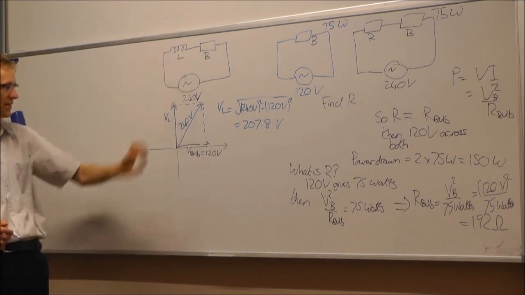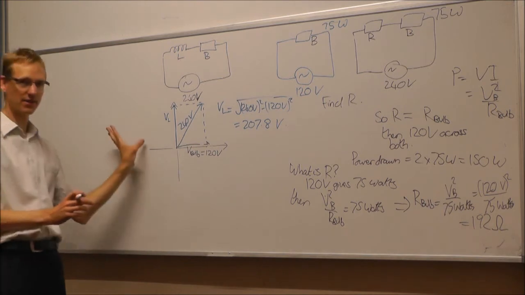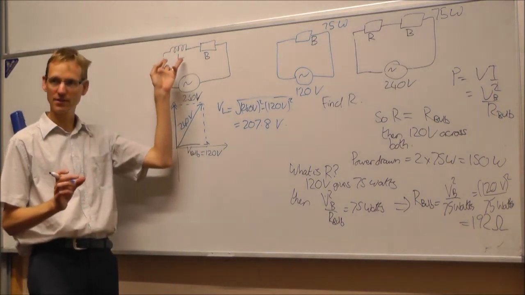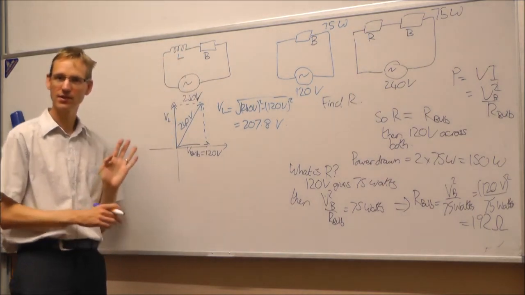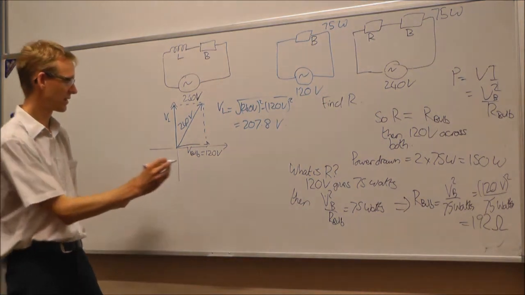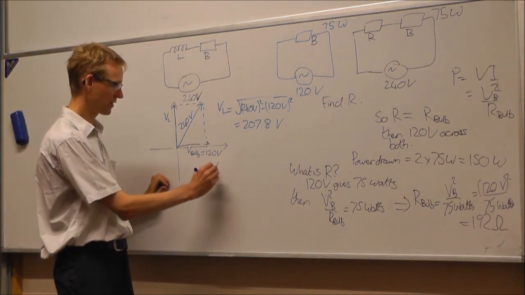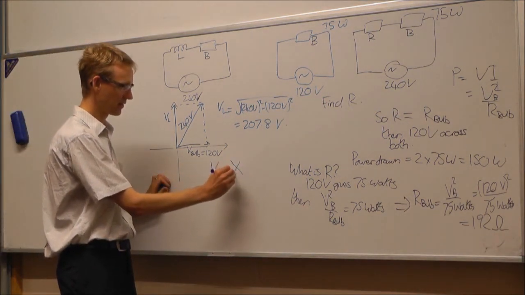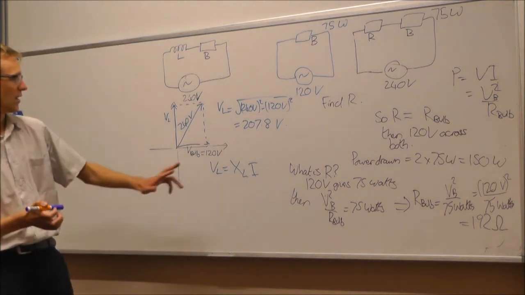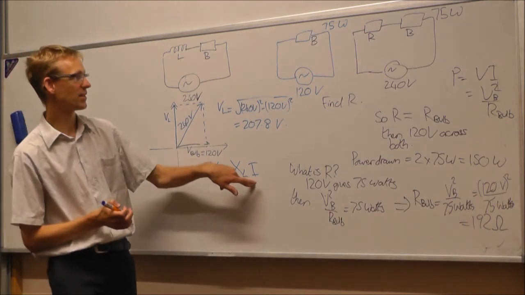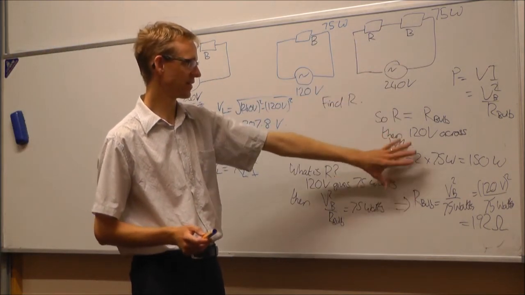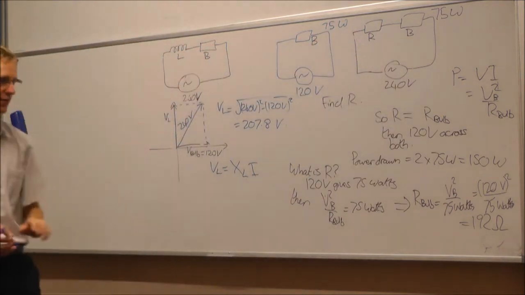We want to know the inductance, so the voltage over the inductor is related to the inductance through the reactance. So we know that the voltage over the inductor is the reactance times the current. We can get the current because we know the resistance, we know the voltage over the bulb, so we can find the current in a moment.